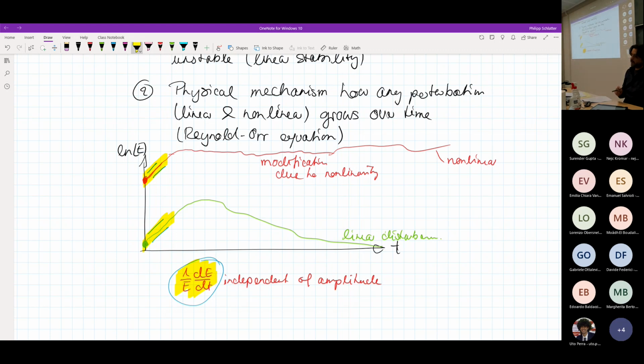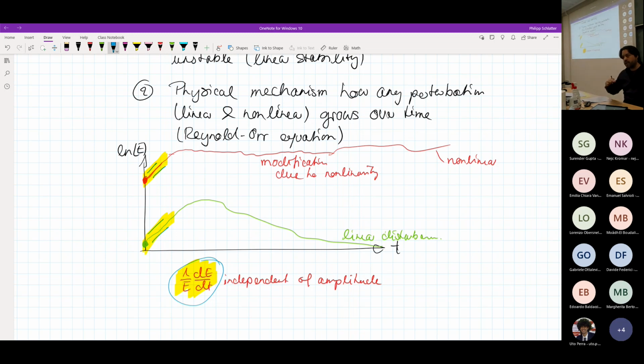Now, the relevance again is, if this is growing initially, it will grow both for high amplitudes and low amplitudes. But if I can show that this one is not growing at low amplitudes, I know directly it will also not grow at high amplitudes. So the initial growth is always a linear mechanism. That's essentially the important statement.